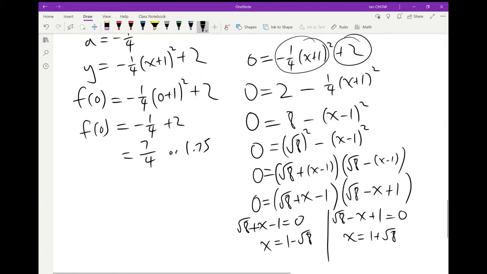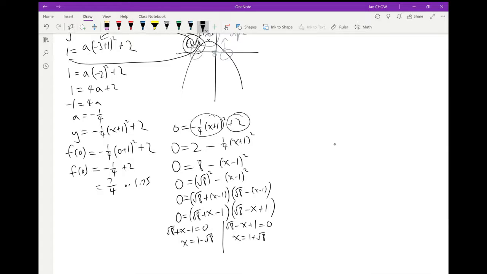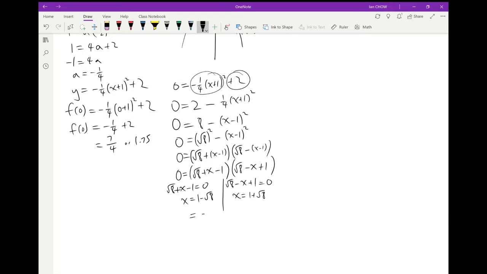So if we look back up at over here, this should be the 1 plus root 8, and this should be 1 minus root 8. You can enter into your calculator to find the exact decimals. 1 minus root 8 will be negative 1.83, and then 1 plus root 8 is going to be 3.83.